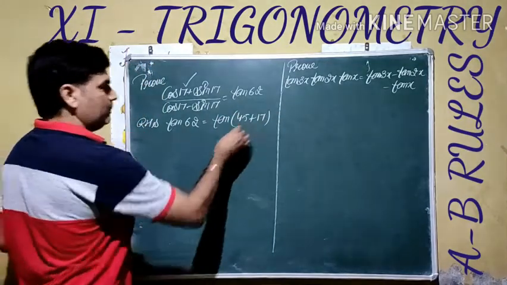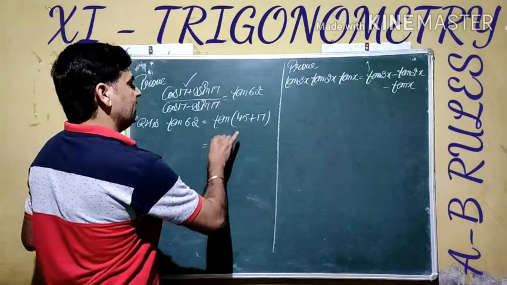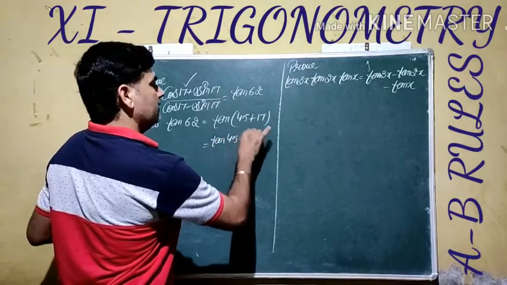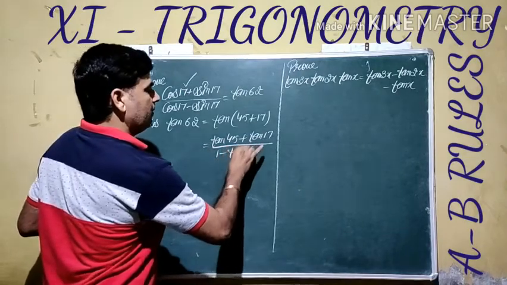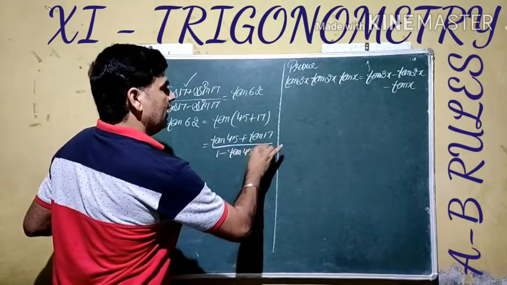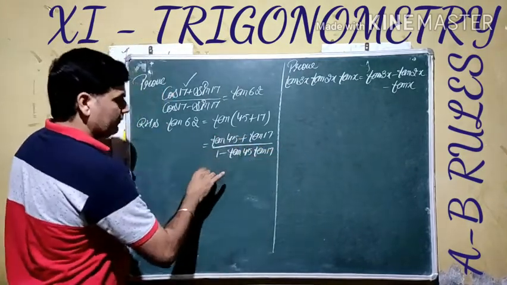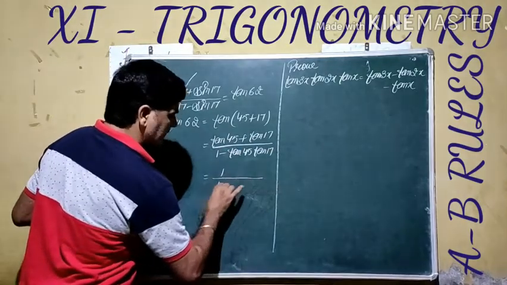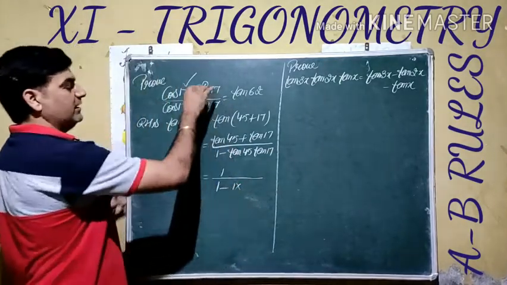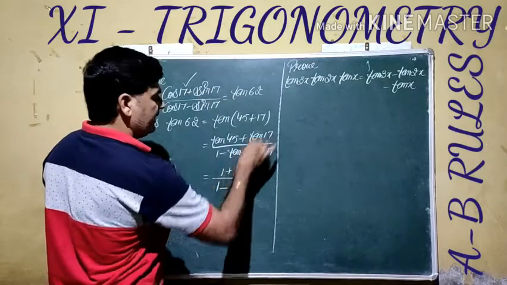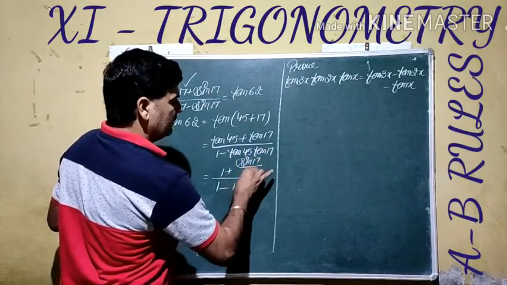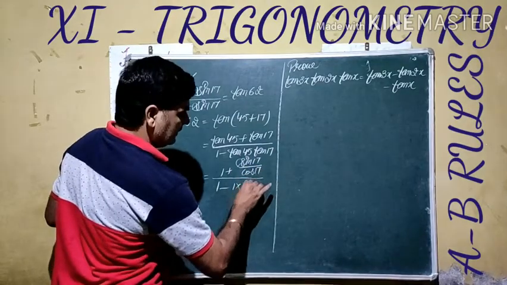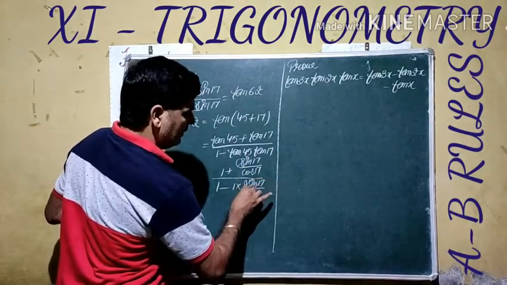So using the tangent A plus B formula, it is given by tangent A plus tangent B divided by 1 minus tangent A tangent B. Now replacing the values, the value of tangent 45 from the table is 1. So we replace it first. The answer is required in sin and cos, so we change tangent theta to sin theta by cos theta in numerator as well as denominator.